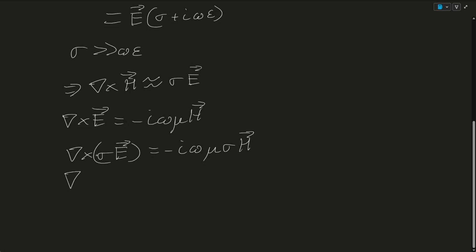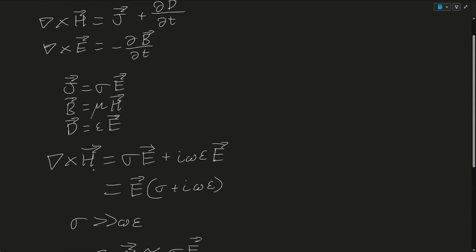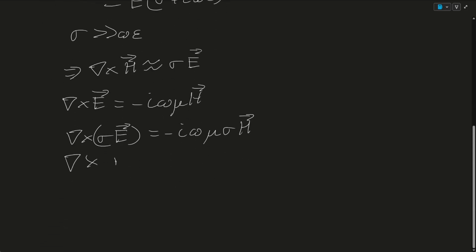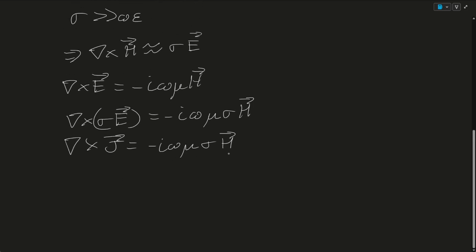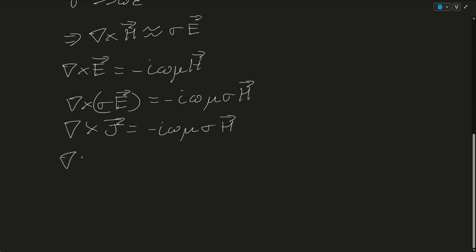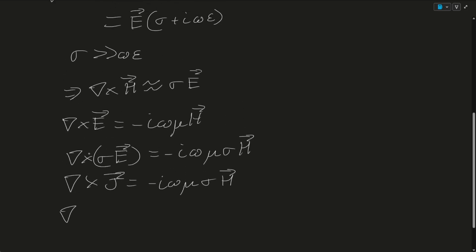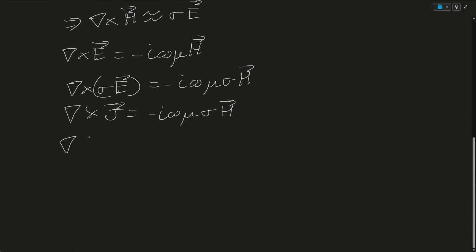So curl of J is equal to minus i omega mu sigma H. And now we will curl both sides. Sorry, I keep saying divergence. Every time I said divergence before, I meant curl.